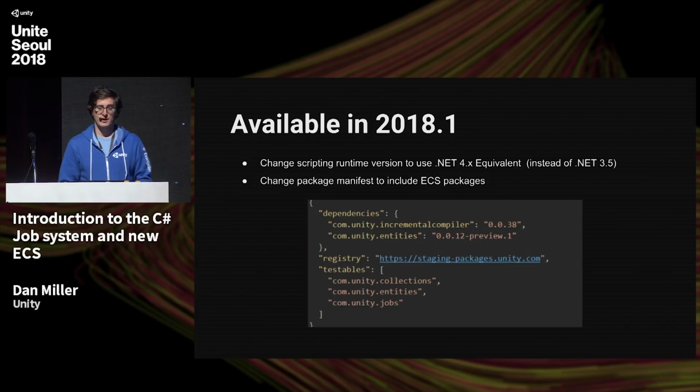Inside this manifest file, you'll need to add these dependencies, as well as these packages that we're seeing down here for things like collections, entities, and jobs. This is going to import some additional functionality into Unity that allows you to start taking advantage of this new ECS and C# job system.